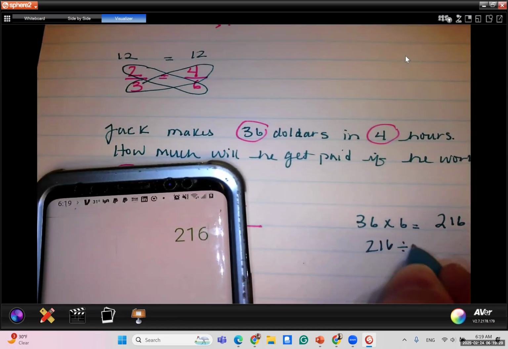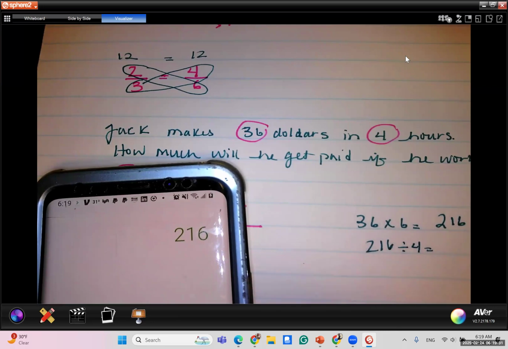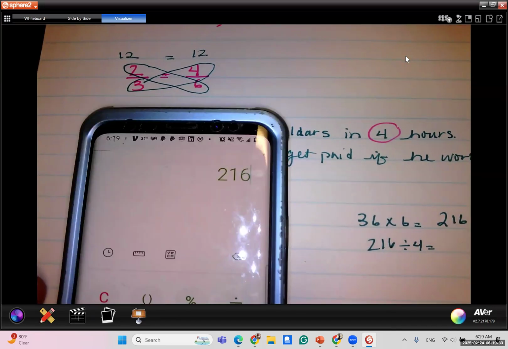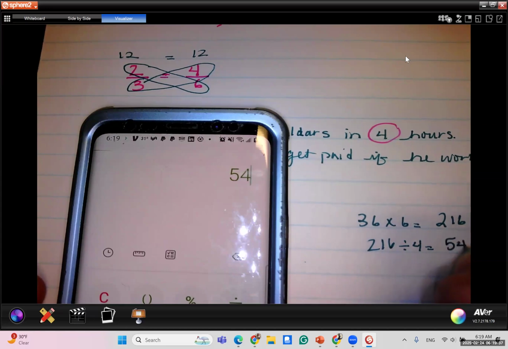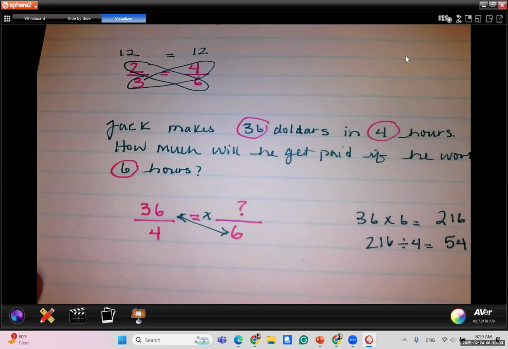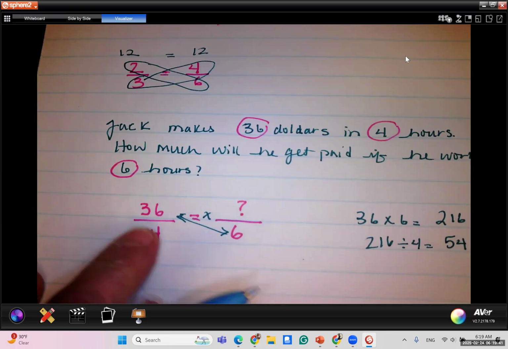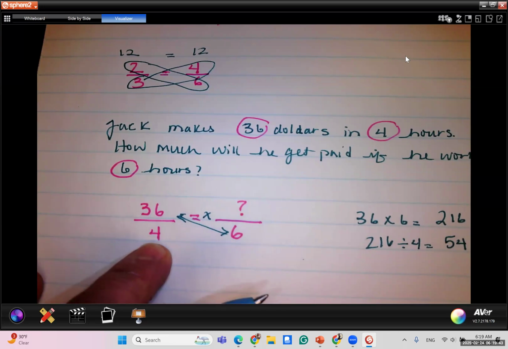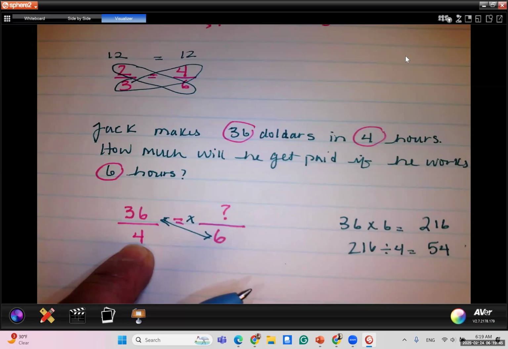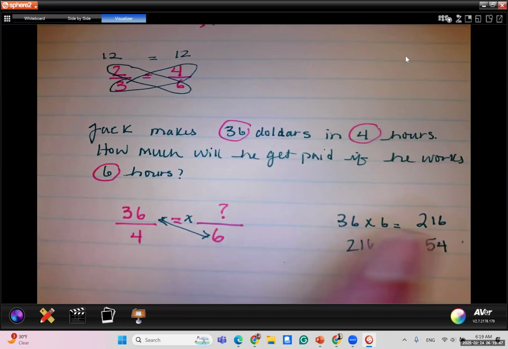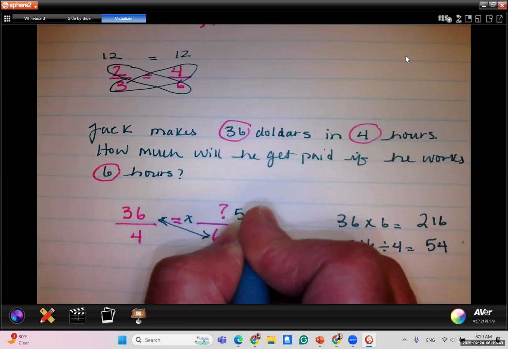So divide 216 by 4, and 54. So what does that mean? If he makes $36 in 4 hours, if he works 6 hours, he's going to make $54.